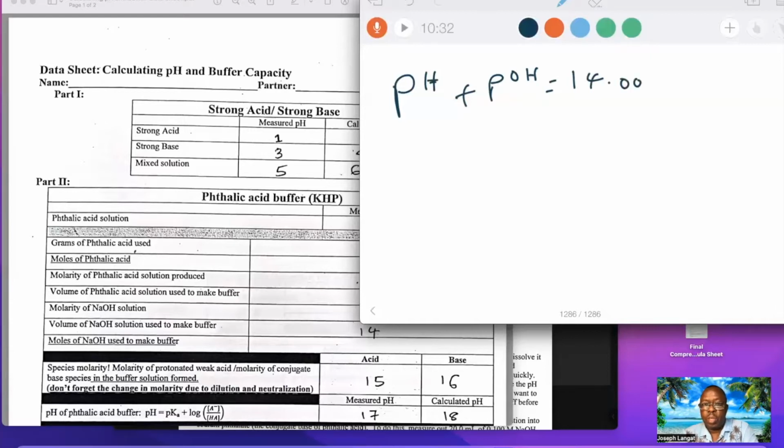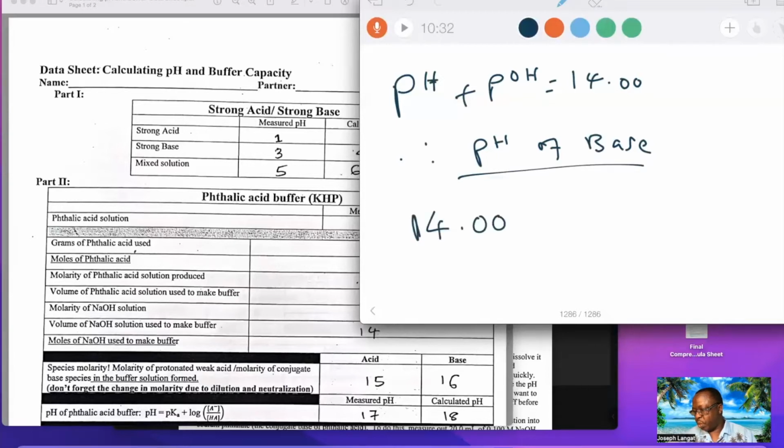This is an equation you should have learned in the lecture, or it's given in the introduction to acids and bases in the lab manual. Therefore, pH of base is given by, rearranging that equation, 14.00 minus pOH. This is manipulation of the equation.